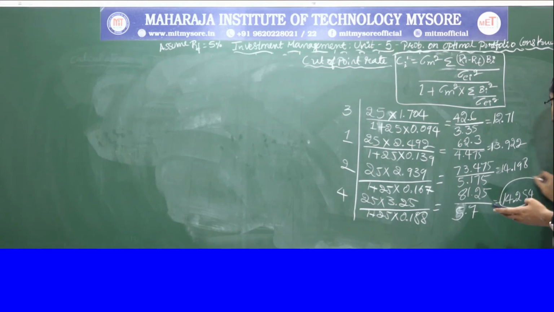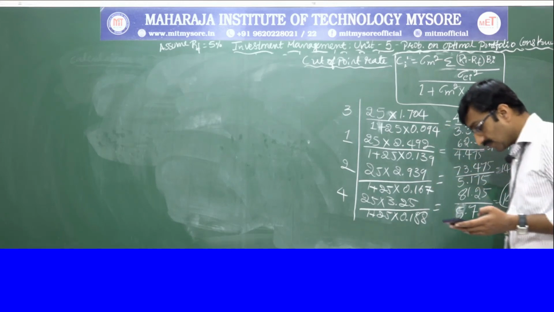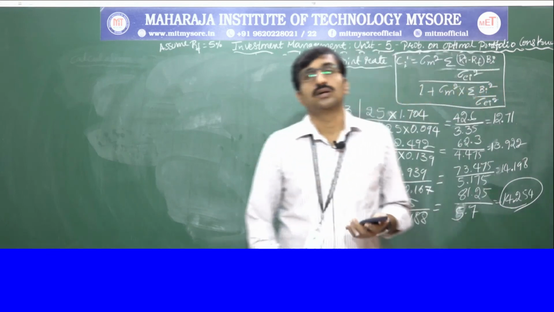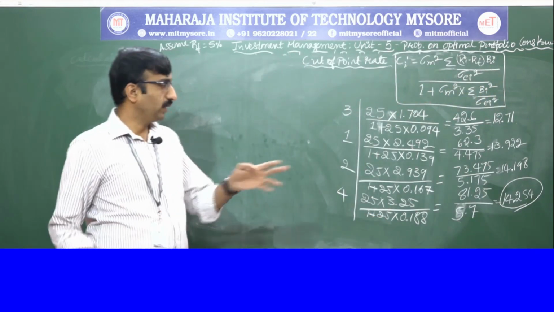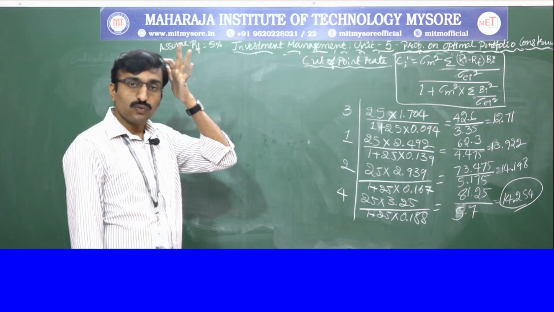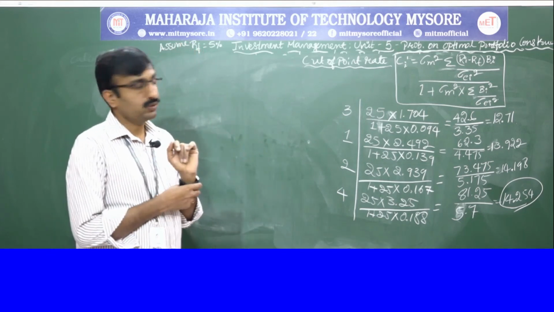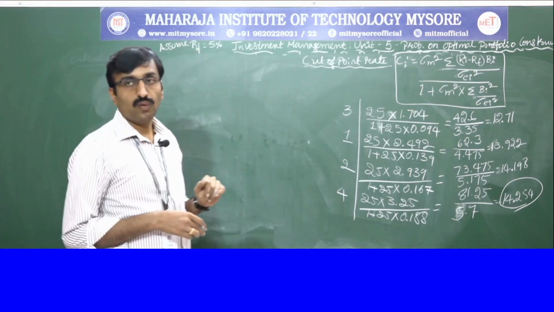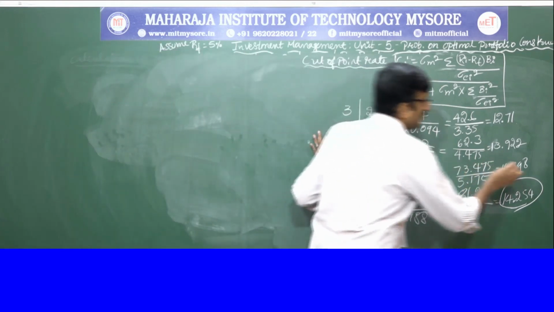So the cutoff rate stopped at 14.254 at the fourth security. This one we carry forward to the next, finding the percentage of each security. Hope you understood the calculation of cutoff point. This is called as C.